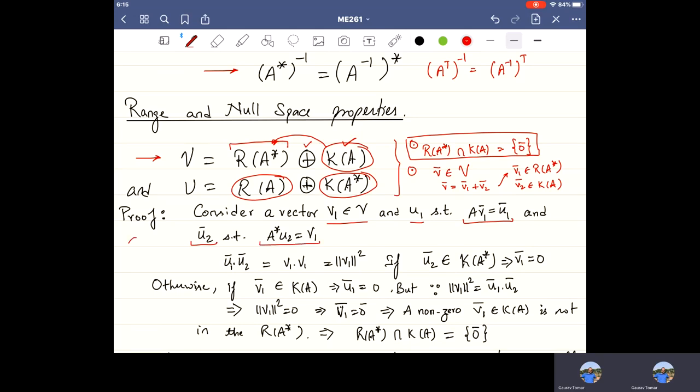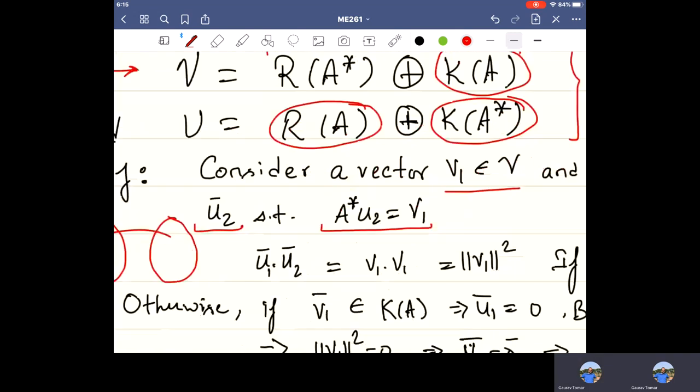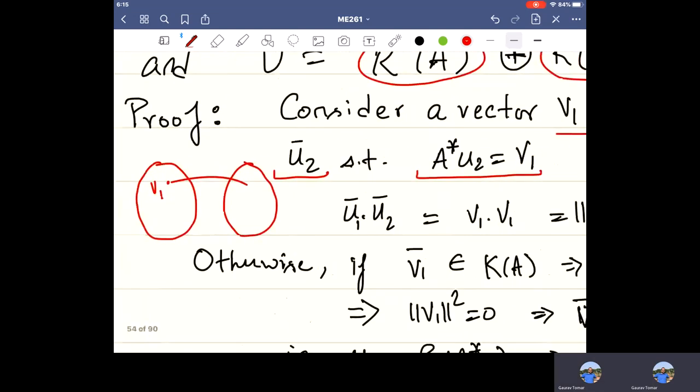If I show this on a Venn diagram, I'm picking a vector v1 here and mapping it to u1 here. Then I'm picking a vector u2 here, and using A star, I'm mapping it to v1.